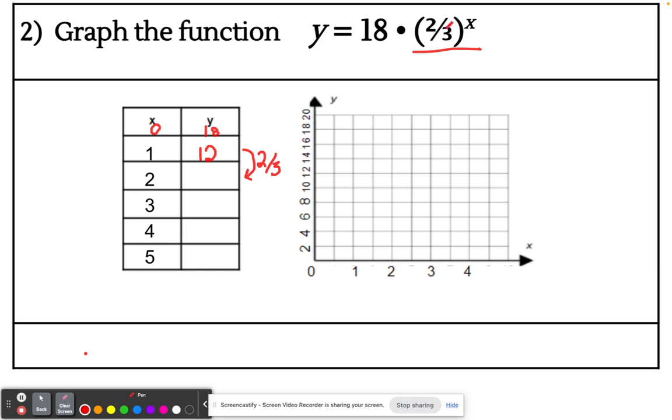If I brought this to the second power, I would have 4/9. 2/3 to the second power. 2/3 times 2/3 is 4/9. 4/9 times 18.